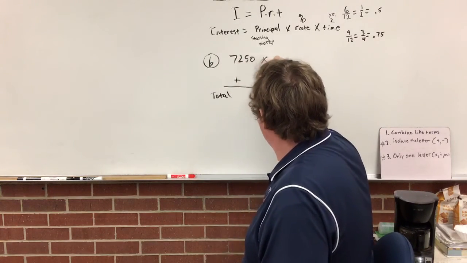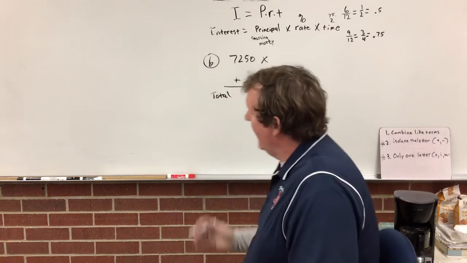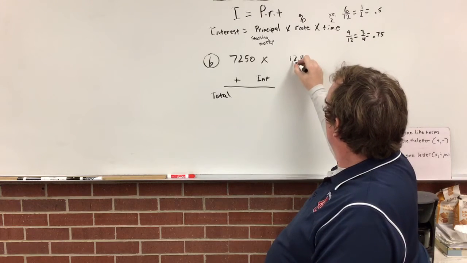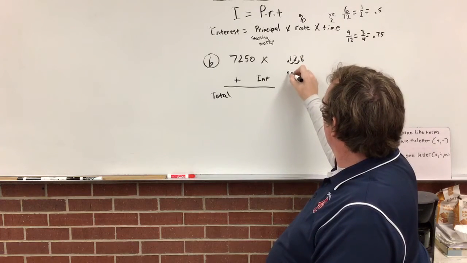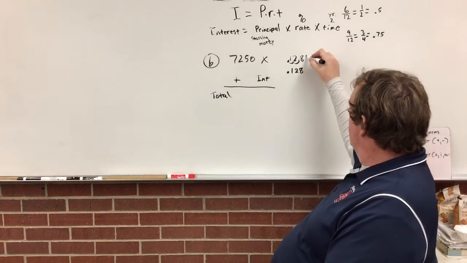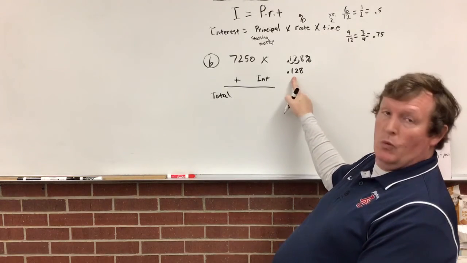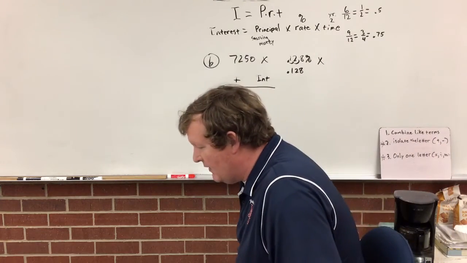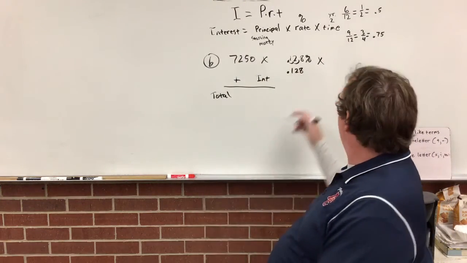$7,250 times. The percent has a decimal in it again. Okay, this time though, we can move it till it's right in front of the 1. We don't have to add a 0 on this one. Our percent became 0.128 as a decimal. Then multiply it times the number of years. And this one's got half a year.